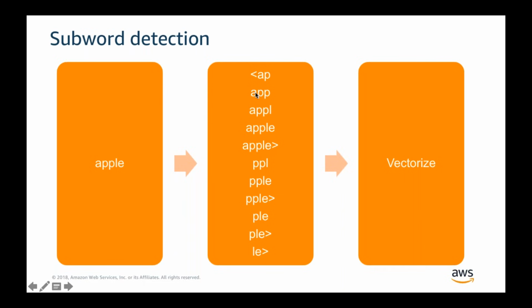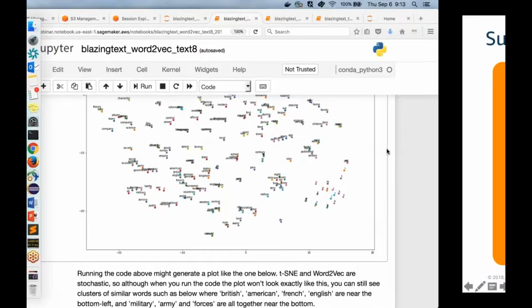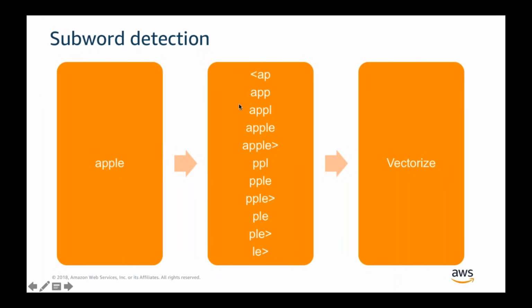This is a window, you take AP, APP, APPL, APPLE, and then with the termination character, PPL, PPLE, and so on. This gives you the ability to take parts of this word, and then you vectorize this.